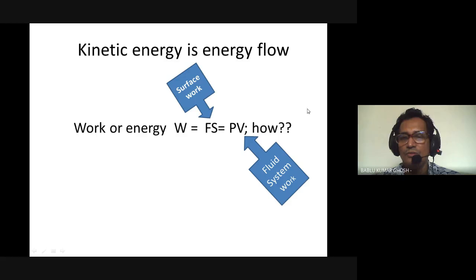Because we can transfer this solid mechanical work into fluid work, and this fluid does the volume variation with force or pressure, and that is actually work.